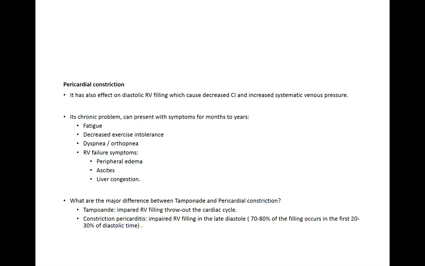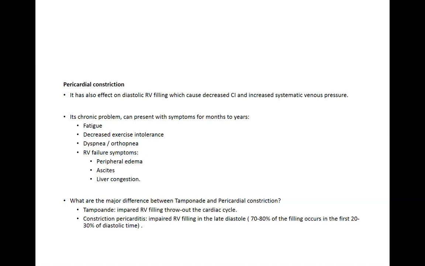So, what are the major differences between tamponade and pericardial constriction? Can somebody comment? In tamponade, there will be equalization of pressure in all chambers, and in all the cycle. In constrictive pericarditis, there will be a fast filling pressure, but then a plateau pressure in the late filling.